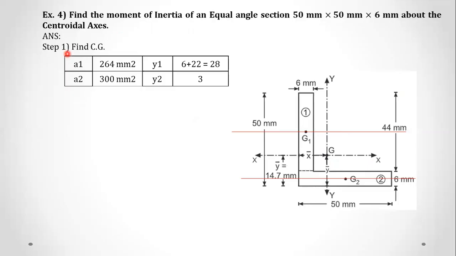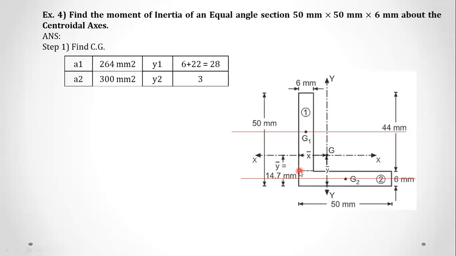To find this center of gravity, we need a table. In this table, we have to find the a1, a2 values, and the y1 and y2 values. a1 is the area of the first rectangle. So this is your first rectangle, the rectangle we have cut here. You can cut like this also, or you can cut like this, whatever you like. So this rectangle is 6 mm thick up to this length.